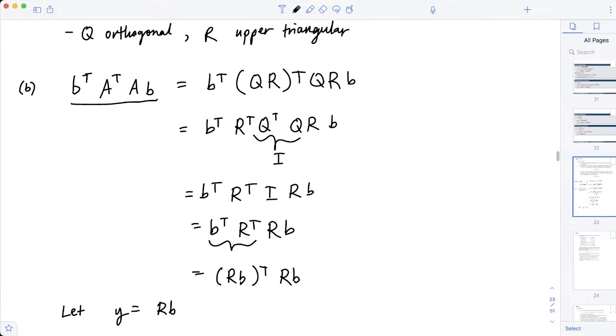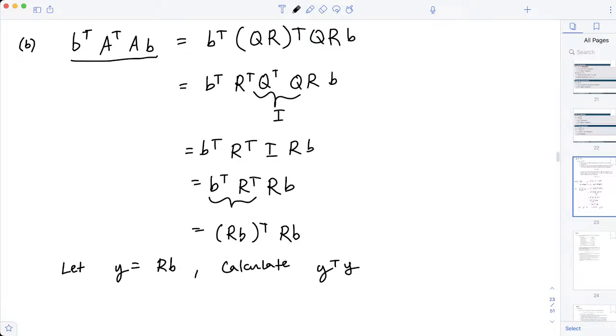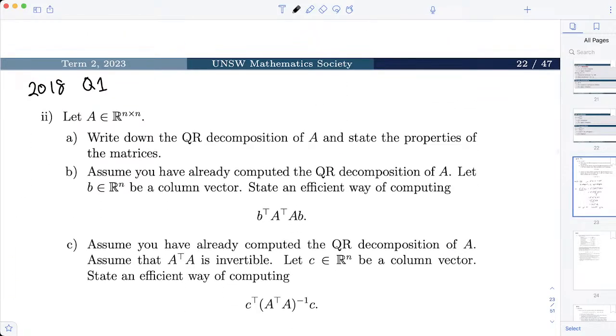So instead of working with A, a whole matrix with no special structure, we're dealing with something nice like this instead. And then we just want to calculate y transpose y. Now, C is going to follow a really similar approach. Once you get to some point in the proof of C, it's going to be basically the same.